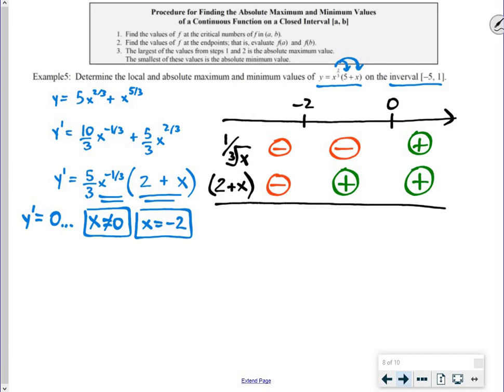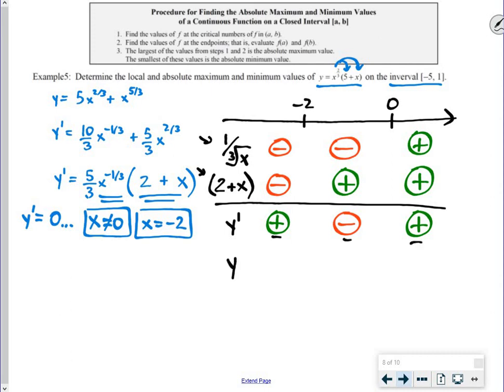Okay, because y prime is a product of this and that, we're looking at a positive derivative on that interval, a negative on that interval, and a positive on that interval. So that basically means slope is positive, slope is negative, slope is positive.